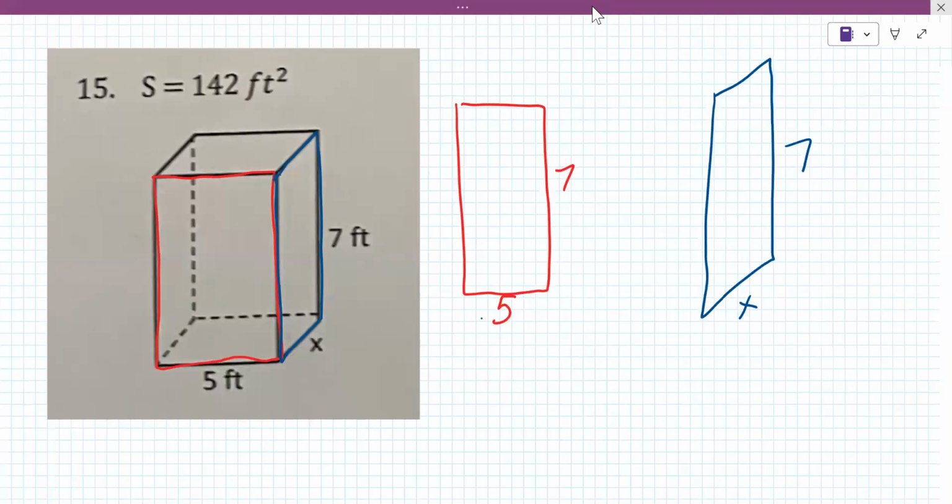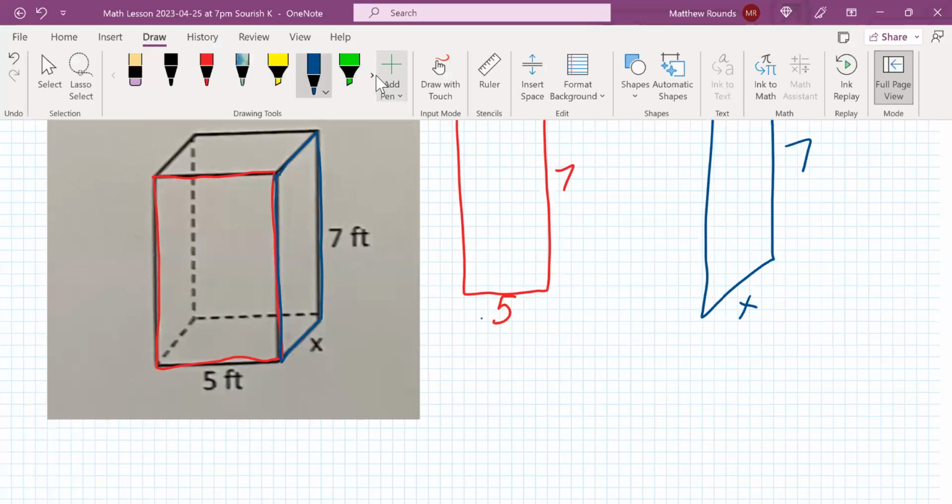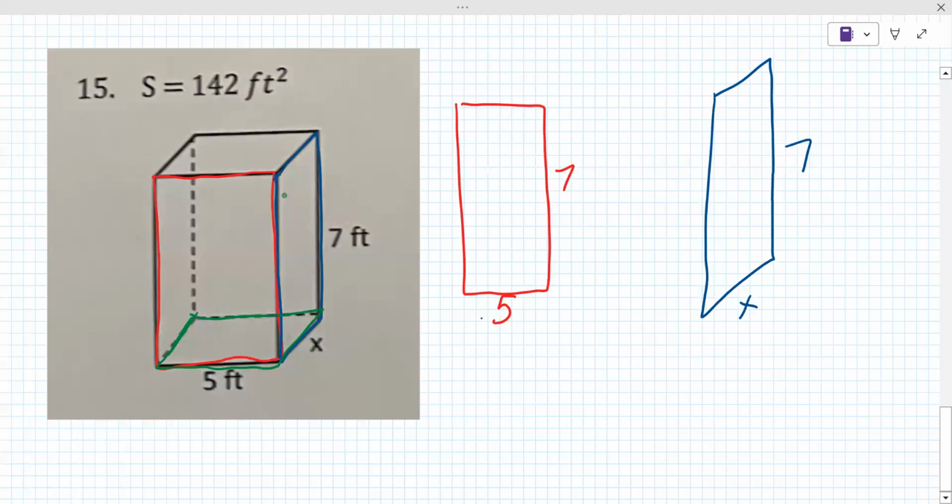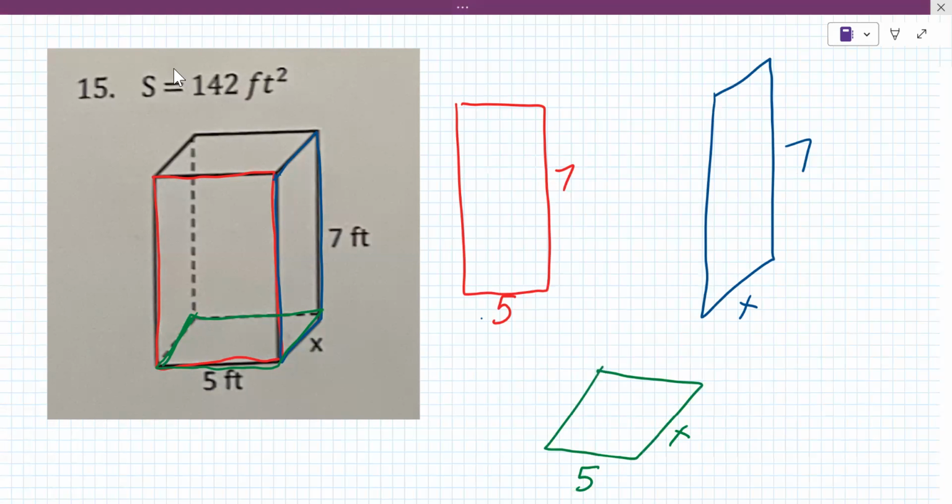Yes. And now let's do the bottom here. The bottom here is 5 and x. All right, so we're going to find the area of each of these.